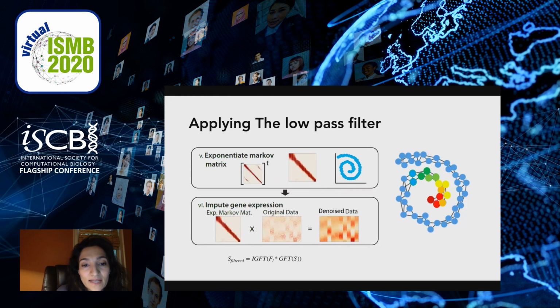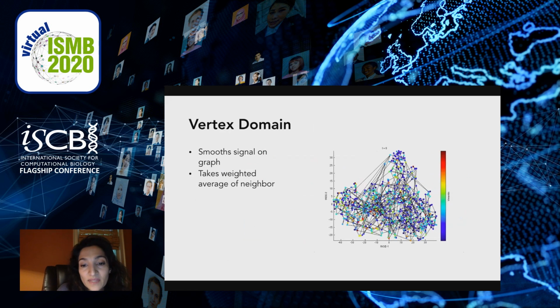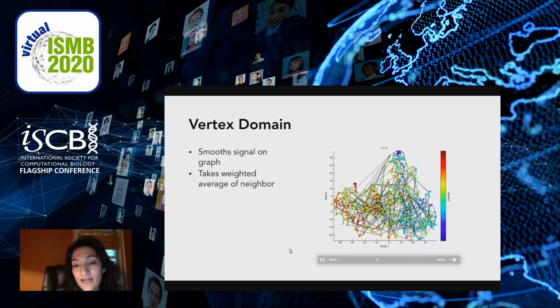And then you apply this to your original data. This would be like taking the graph Fourier transform of this signal, filtering, and then reversing that operation to get a smoother signal back. In the vertex domain, you see that this operation has the effect of looking smoother and smoother on the graph.